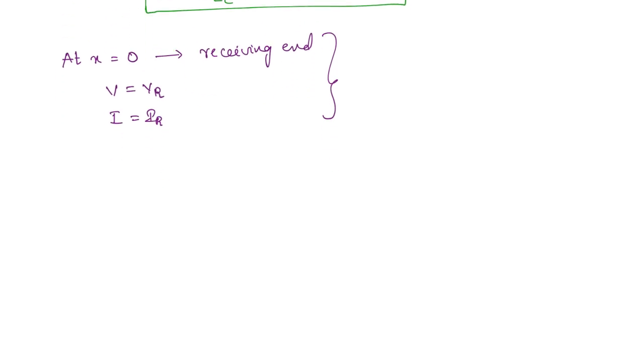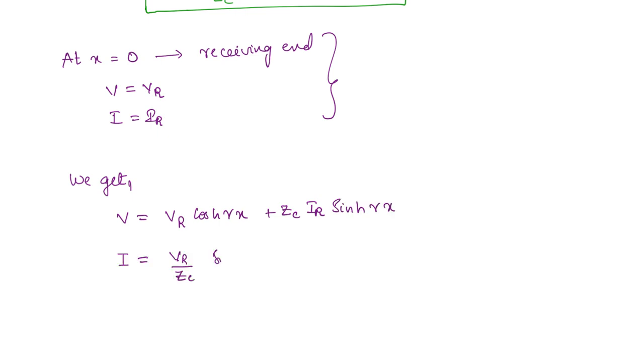So here I am writing the final values of V and I. V is equal to VR cosh gamma x plus ZC IR sinh gamma x, and the current I you will get as VR by ZC sinh gamma x plus IR cosh gamma x.